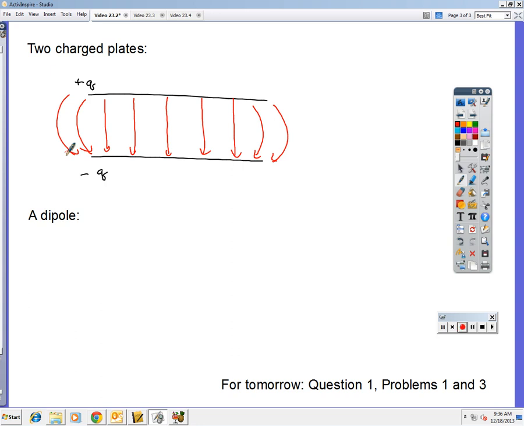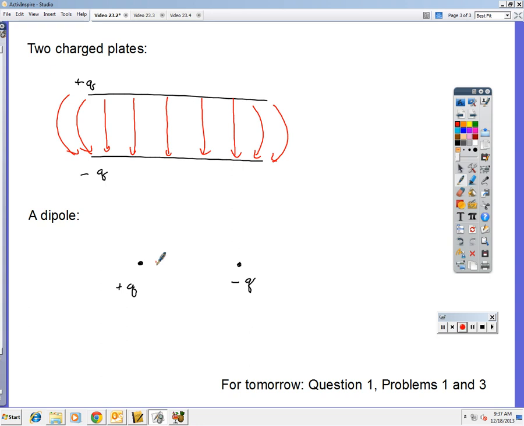And when we look at two charged plates, we're mainly going to look at the electric field between them, in the middle. And then the other kind of field line that you'll see a lot is a dipole, which means a positive point charge and an equal negative point charge a small distance away. And you don't actually need to calculate the fields.